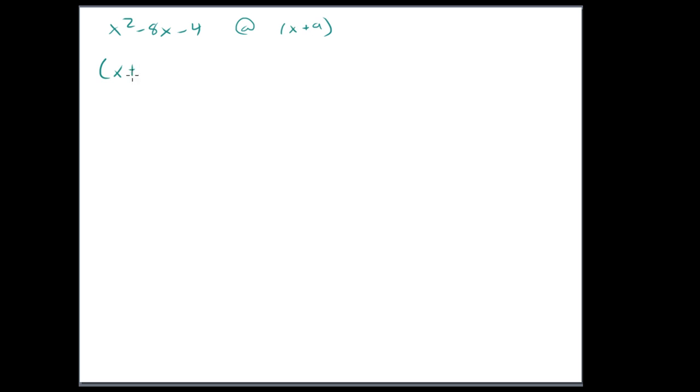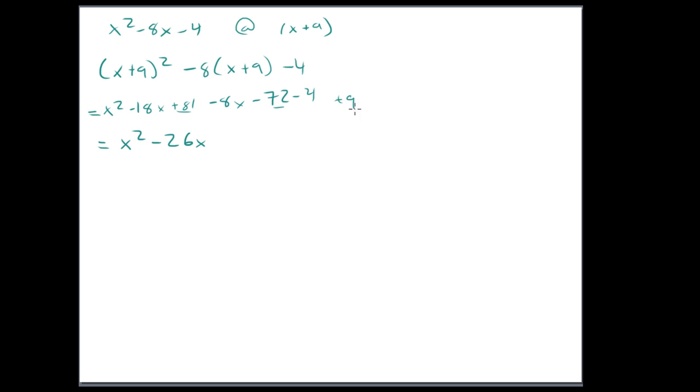So that's x plus 9 squared minus 8 times x plus 9 minus 4, x squared plus 18x plus 81 minus 8x minus 72 minus 4. Oh my goodness, that's x squared plus 10x. This gives us 81 minus 72 minus 4, which is plus 5.